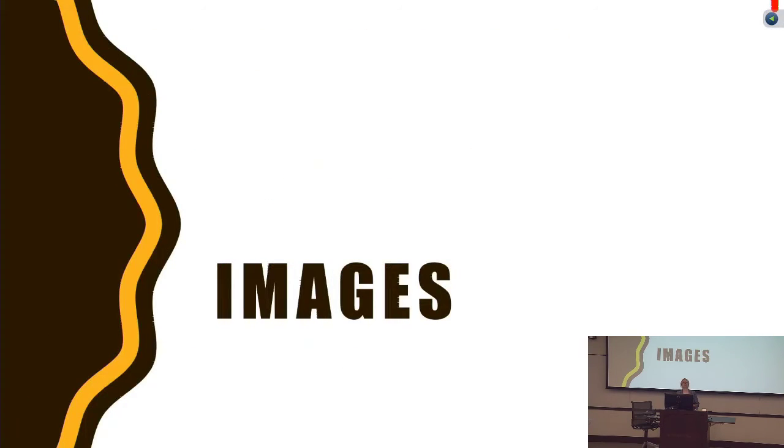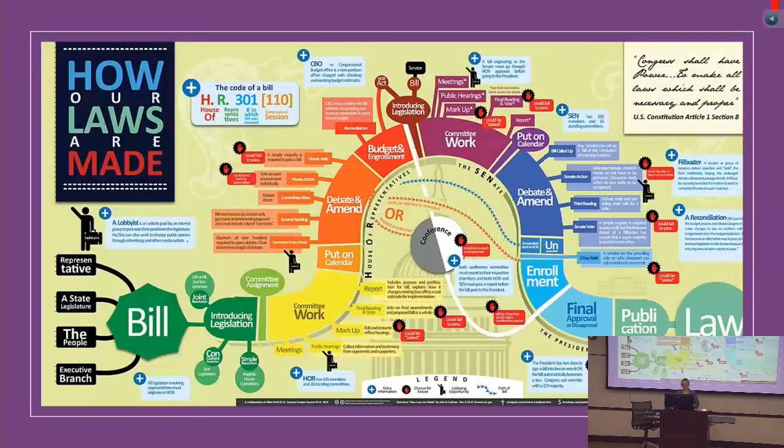Images. Images are some of the biggest problems. So I've used this image, and I teach foreign attorneys Intro to American Law. When we talk about the legislative process, I love this image that I got from a government website. This is so not compliant, right?